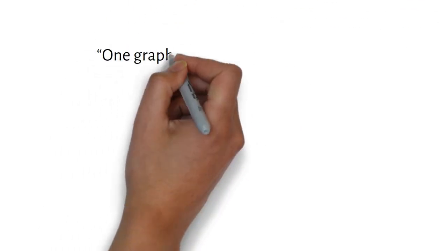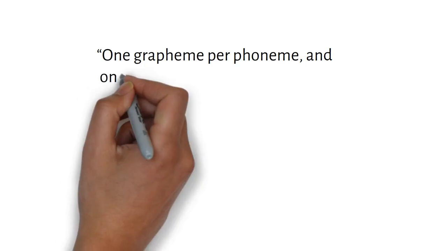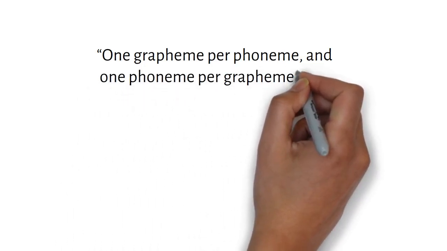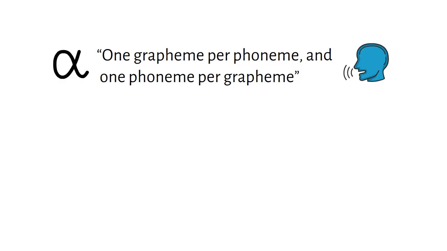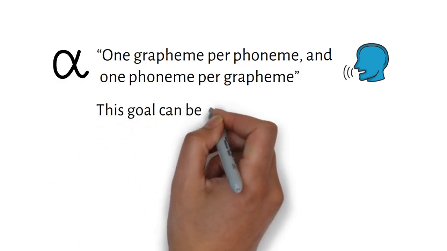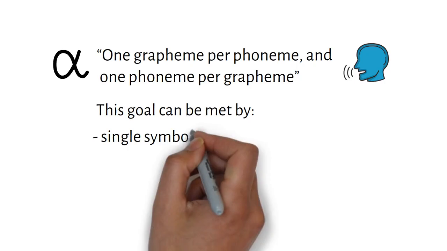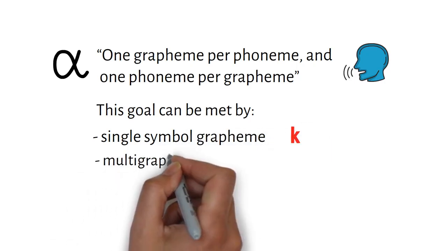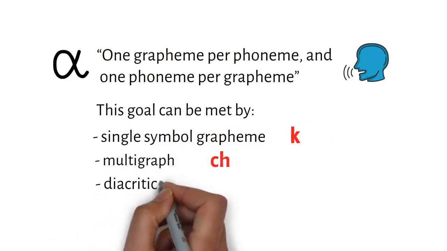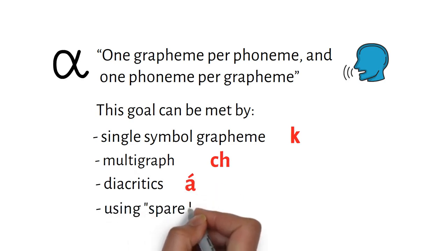What we talked about in this video is the idea of representing a phoneme by a single grapheme. One grapheme per phoneme and one phoneme per grapheme is a good goal. We can meet this goal in several ways. A grapheme that is a single symbol, multigraphs, diacritics, and using spare letters.